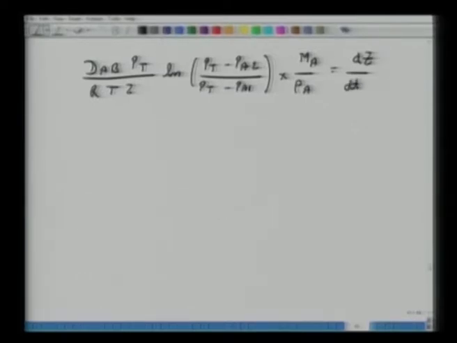Now we integrate. If we bring this term here, we have the entire expression like this. Z will come here. We have dt equals Z dZ, going from Z1 to Z2, t equal to 0 to t.